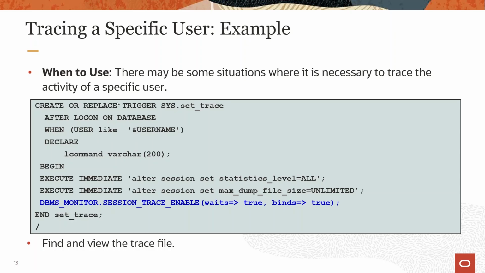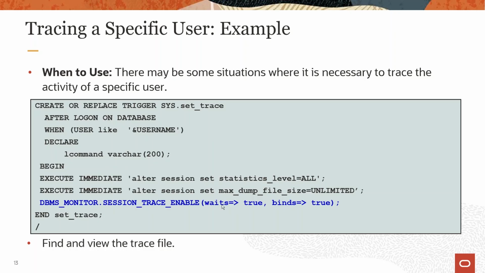So I can state, create me a trigger that fires whenever somebody logs into a database, like for instance user Christoph, with my name. This trigger will fire, and then the procedure session trace enable of the package DBMS monitor is called to activate the SQL tracing.